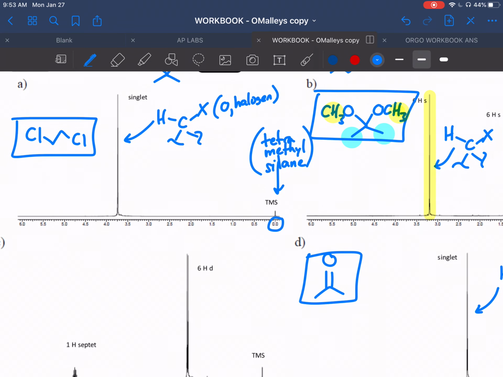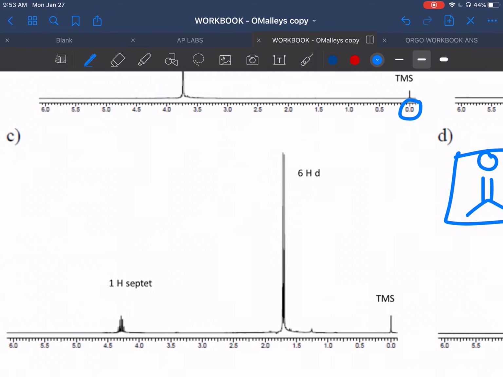Moving on to spectrum C, we have, again, 2 signals. We have a 6-hydrogen doublet. This looks alkyl. And now that we have some splitting, we can guess a little bit more about what the structure looks like. If it's 6 hydrogens, that means it's got a total of 6. There's never going to be 6 on any one carbon, but it could be 2 methyls.